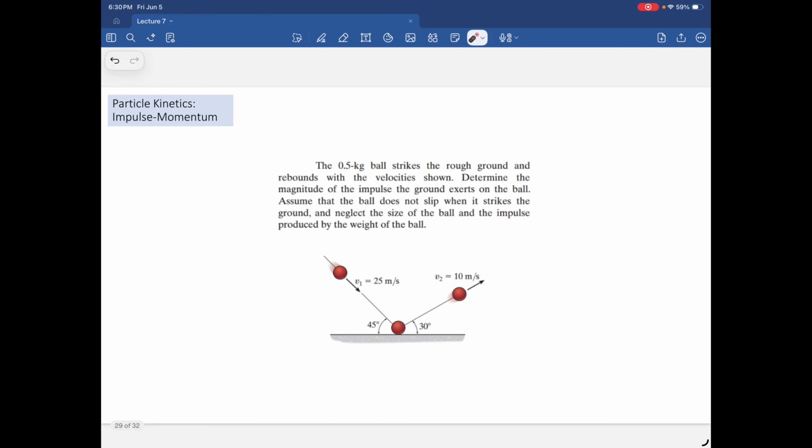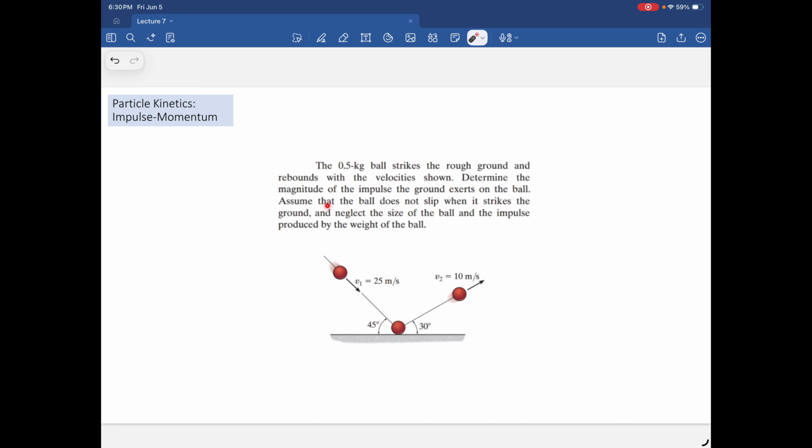So our first example problem, we have that a 0.5 kilogram ball strikes the rough ground and rebounds with velocities shown. So we have an incoming velocity vector that's at 45 degrees to the horizontal at 25 meters per second. The ball rebounds at 10 meters per second at an angle of 30 degrees.